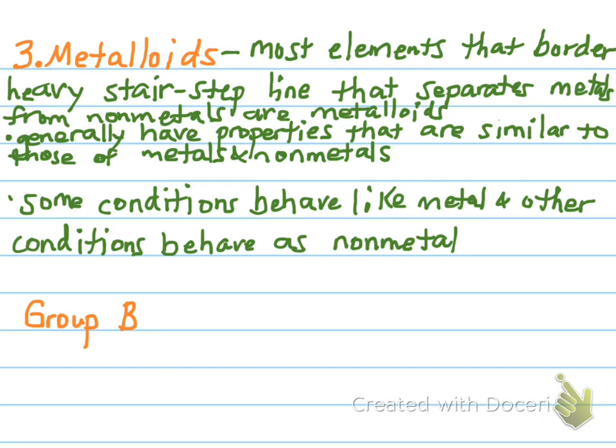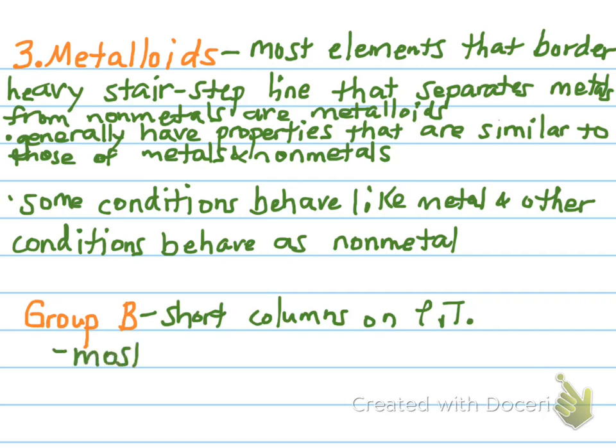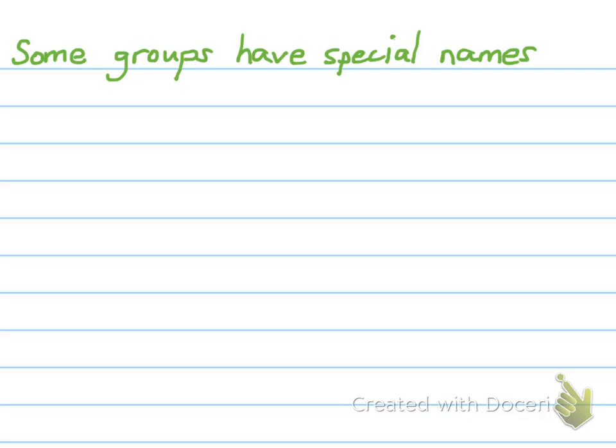So remember we talked about the fact that the group A elements were the tall columns on the periodic table. The group B elements are the short columns, or groups or families, on the periodic table. And the group Bs are mostly metals. So there are some groups on the periodic table that have some special names. Okay.